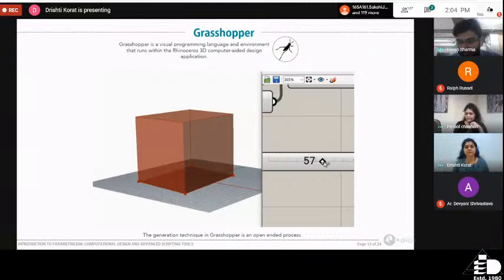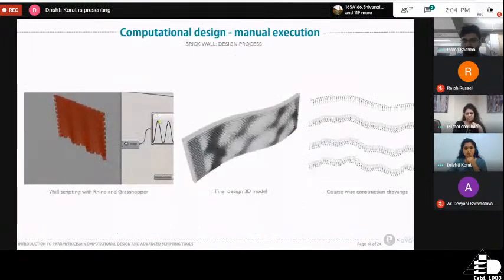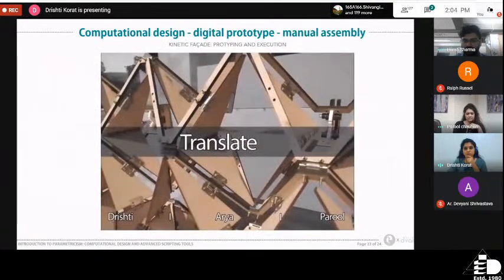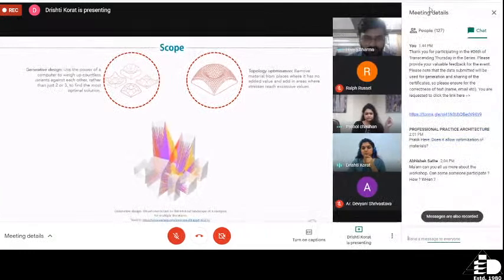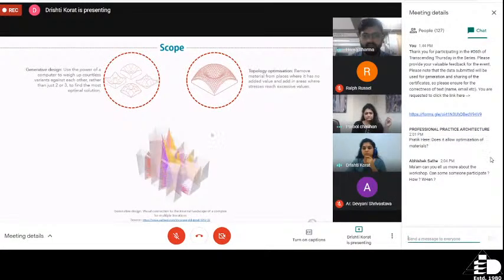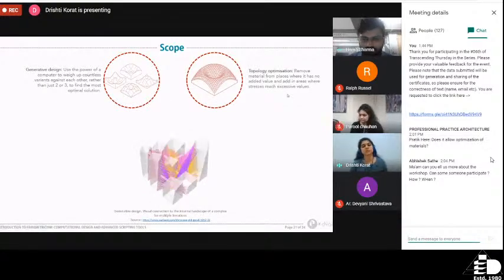He was just asking whether it allows for optimization of materials. Here we looked at topology optimization, I think that is what he was probably asking about. So yes, to answer the question, it can allow for optimizing the materials that we use.